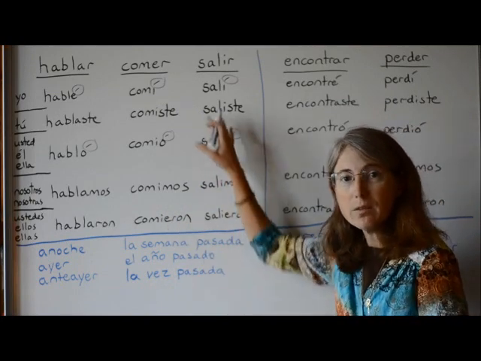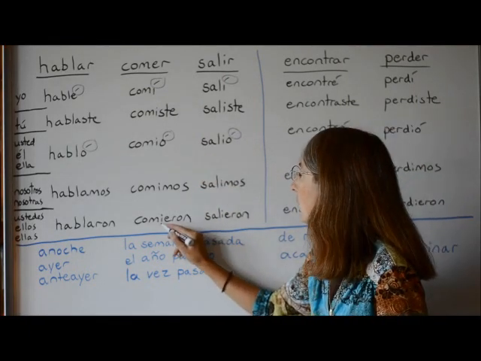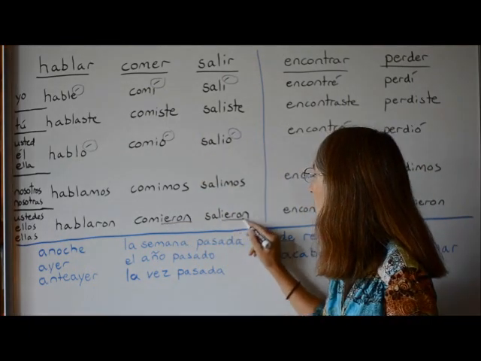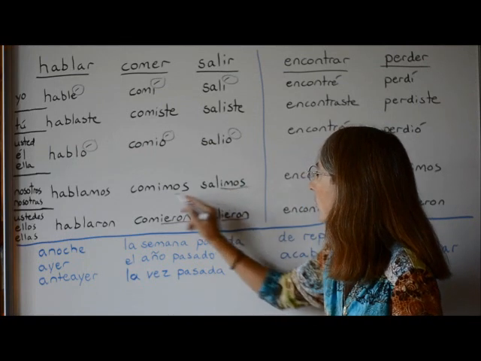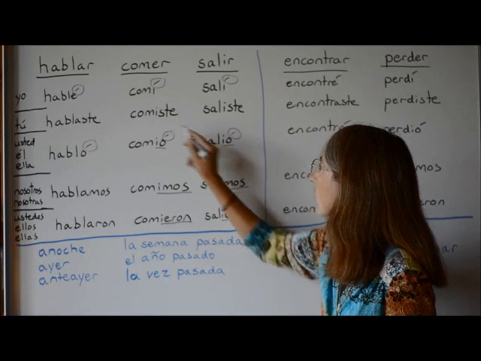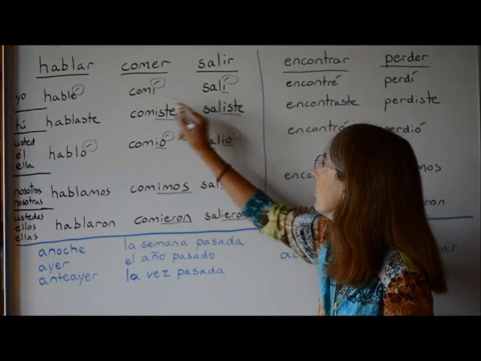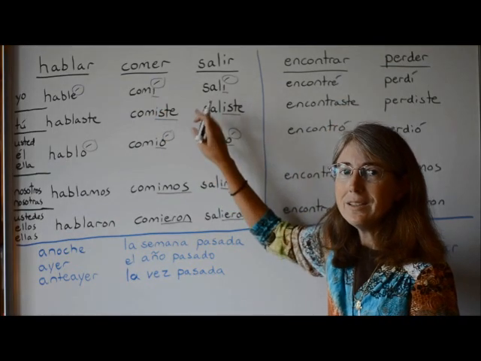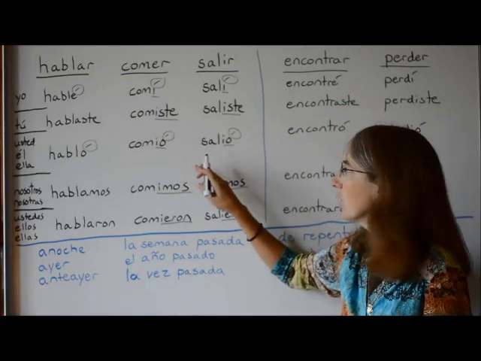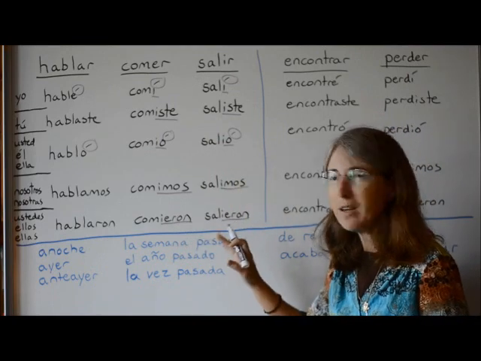So ER and IR, regular verbs in the preterite tense, identical endings. So we have í, iste, ió, imos, ieron. Those are the endings for ER and IR verbs.